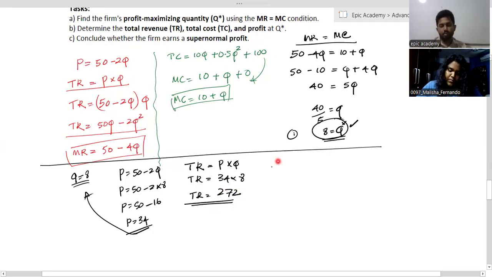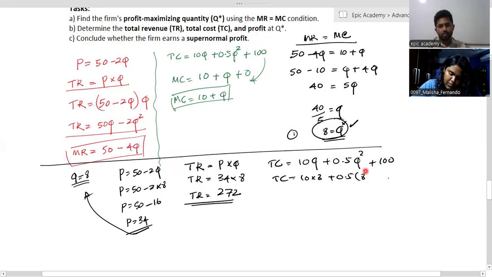So then what about the TC? TC equal 10Q plus 0.5Q power plus 100. Okay. So then TC equal 10 multiplied by 8 plus 0.5 multiplied by 8 power plus 100.